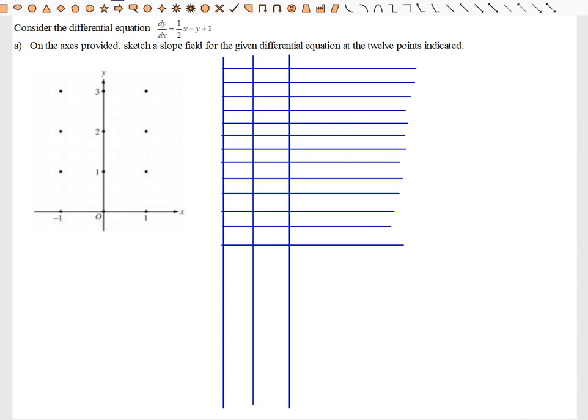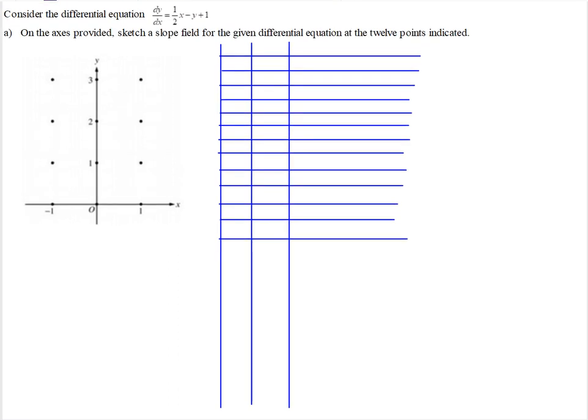So we can substitute the points. You can start wherever you want here. Well, first let's label our columns here. The x coordinate, the y coordinate, and our derivative dy/dx. So let's say we start at this point here at negative 1, 0.